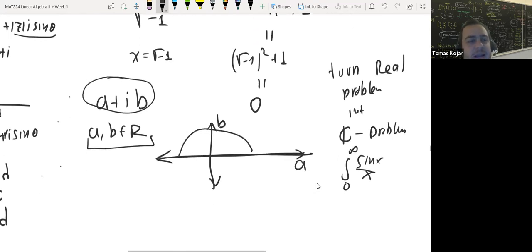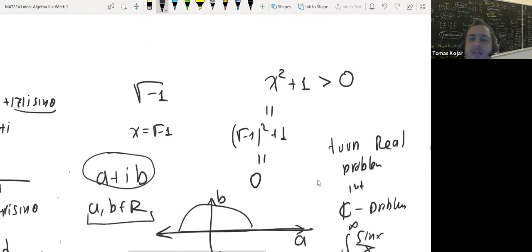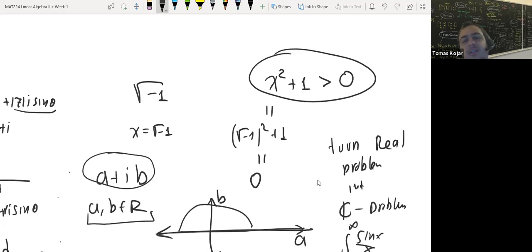You just have to be careful. You have to say this is true when x is real, and this is true when x is allowed to be complex, like when x is i. So you have to be careful with your domains.